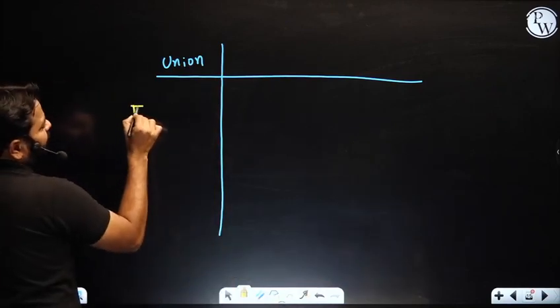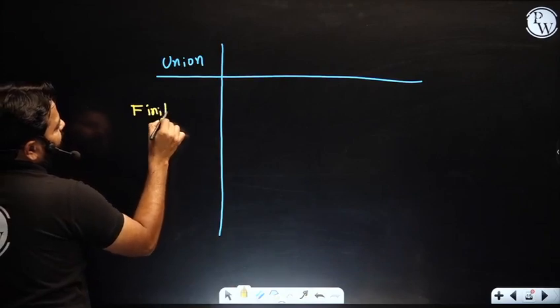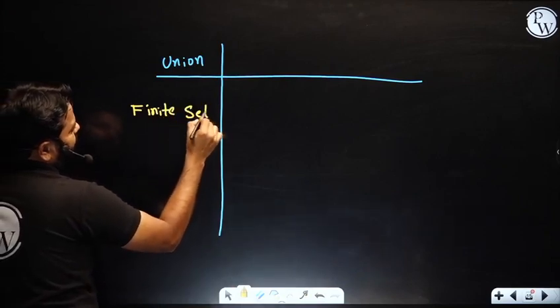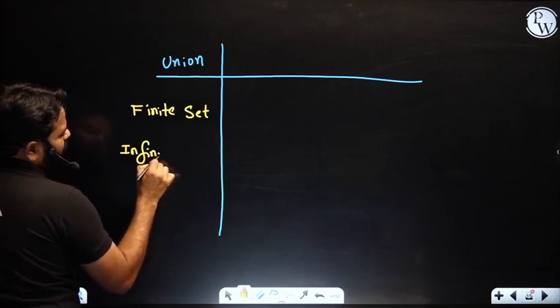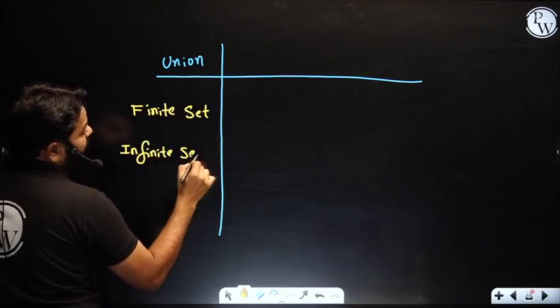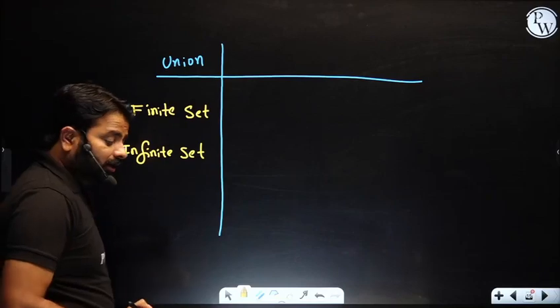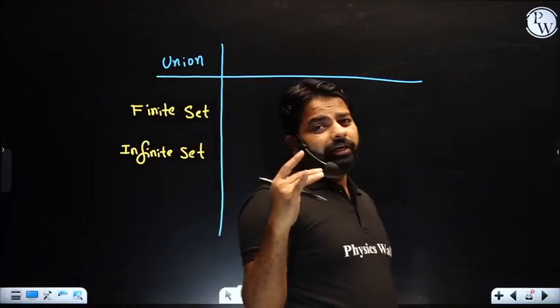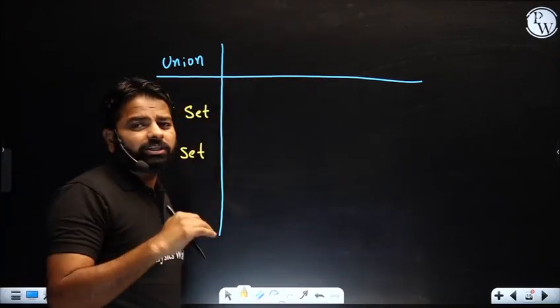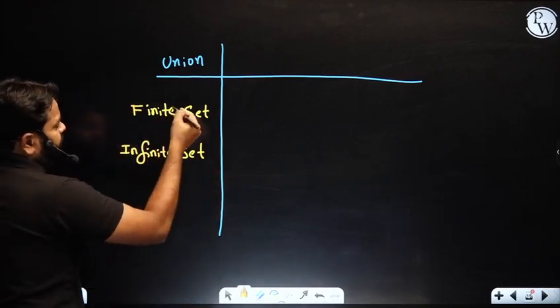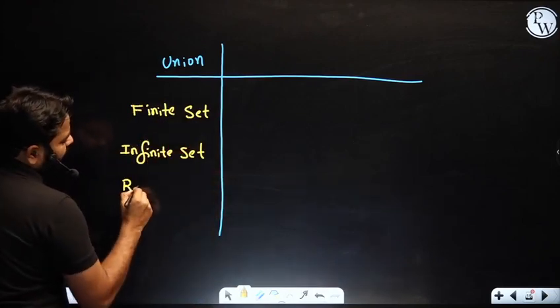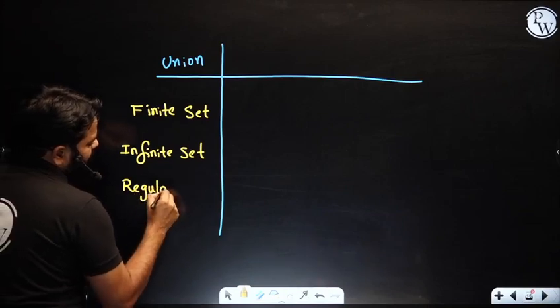But I'm just giving a hint. This is the finite language or finite set, and this is the infinite set. As you know, from the exam point of view, union, intersection are very, very important, including complement. Union, intersection, complement, these three operations are really going to help you. You already have the regular set, you have done them, right?